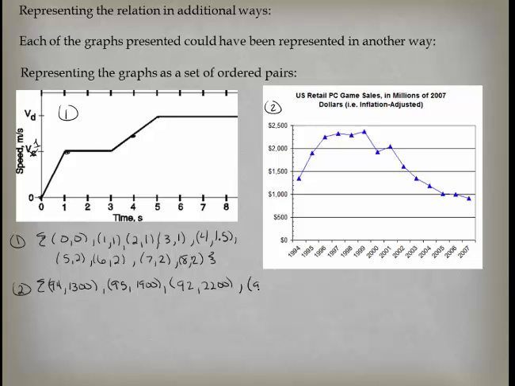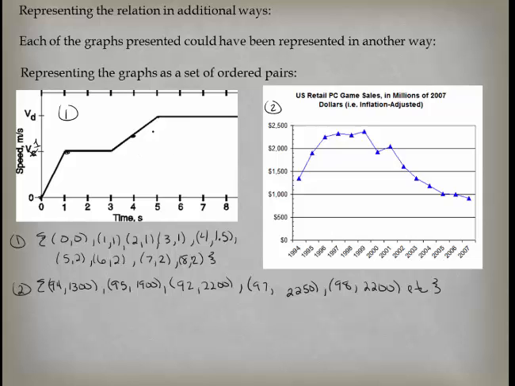In 97, we're not much more, maybe 2,250. 98, gone down back to 2,200. And we could have continued, but I'm going to go ahead and stop there.